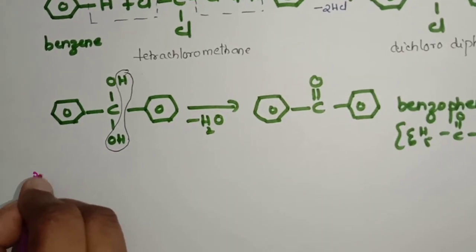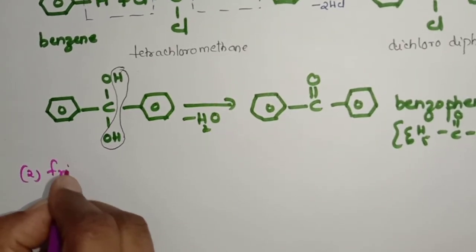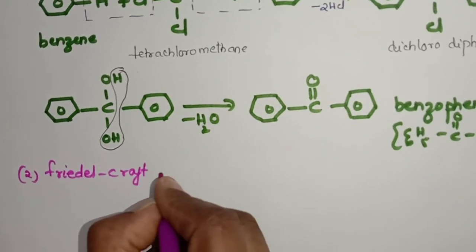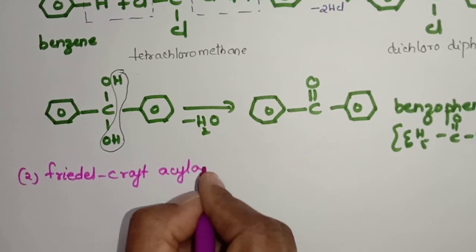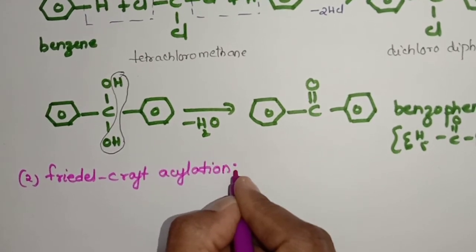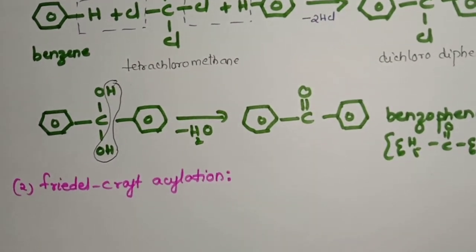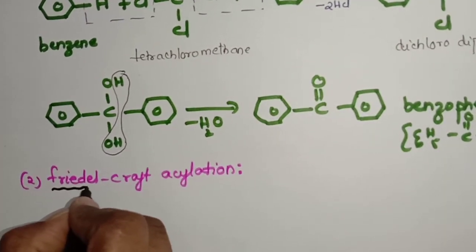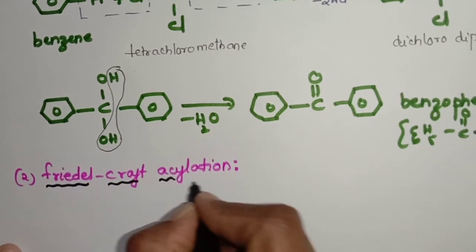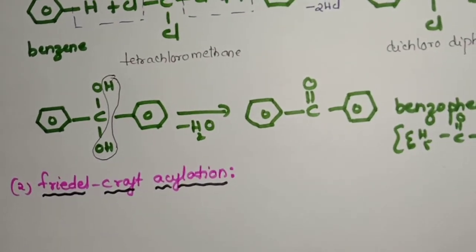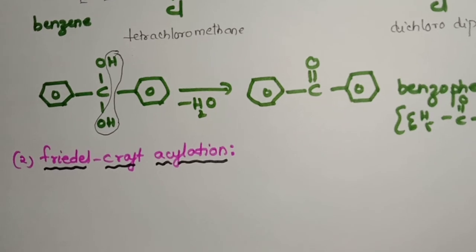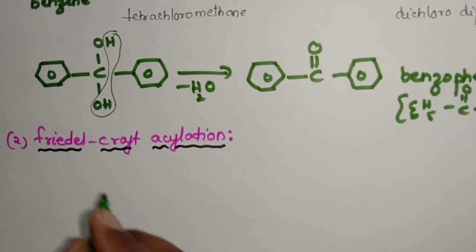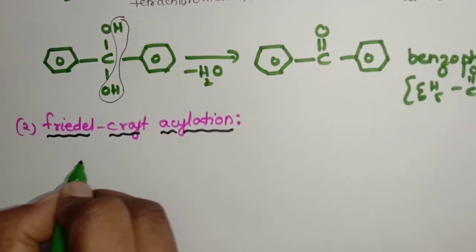Second method, Friedel-Crafts acylation. You might have learned this method under benzene: Friedel-Crafts acylation and Friedel-Crafts alkylation. Using Friedel-Crafts acylation, we can prepare aromatic ketones. Let us see how.